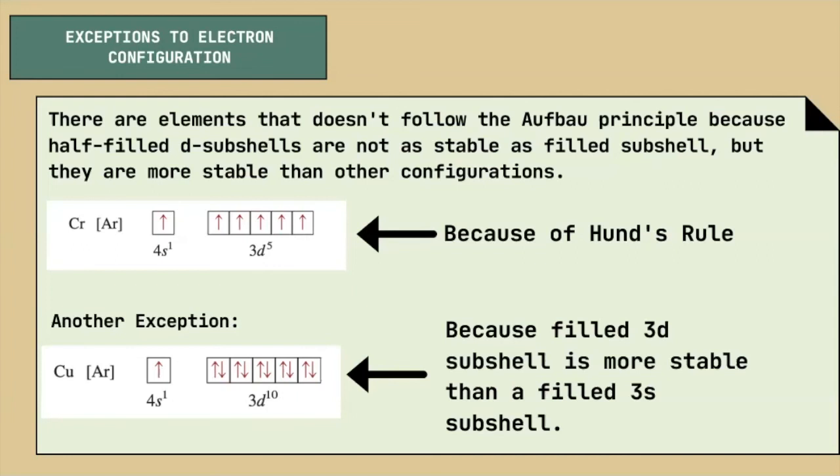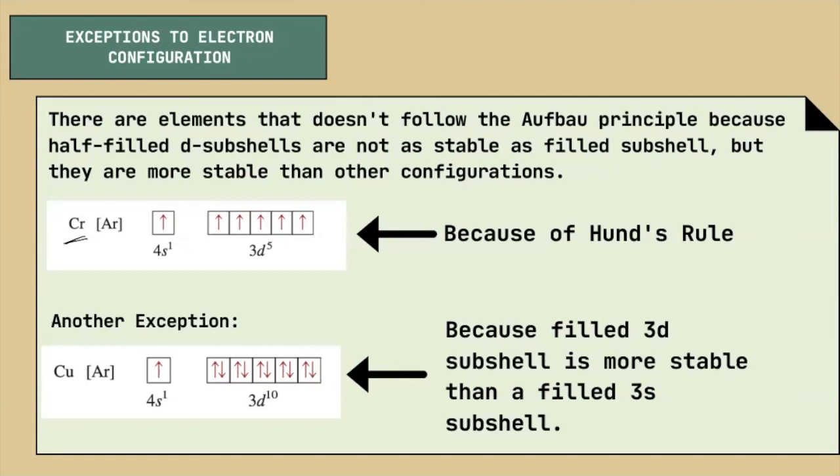Based on Hund's rule, the atom is more stable if it has more parallel electron spins. That means the atom has more electrons with the same spins. So as you can see here, all of the electrons in the chromium atom have clockwise spin.